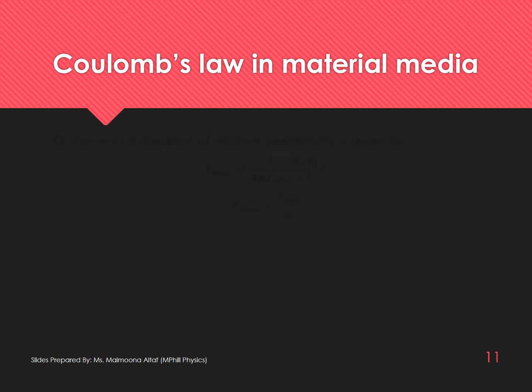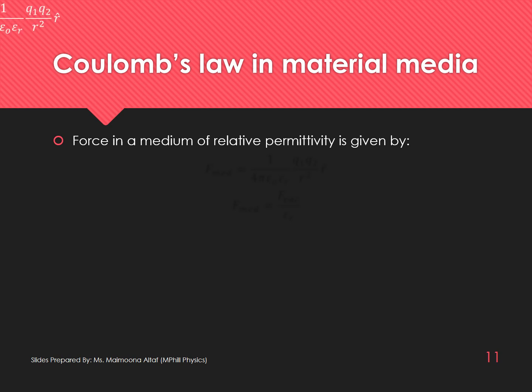The force in a medium of relative permittivity is given by 1 over 4 pi epsilon naught epsilon r times q1 q2 over r square times the unit vector r. Since 1 over 4 pi epsilon naught q1 q2 over r square is the force between the two charges in vacuum, the only new term is epsilon r.